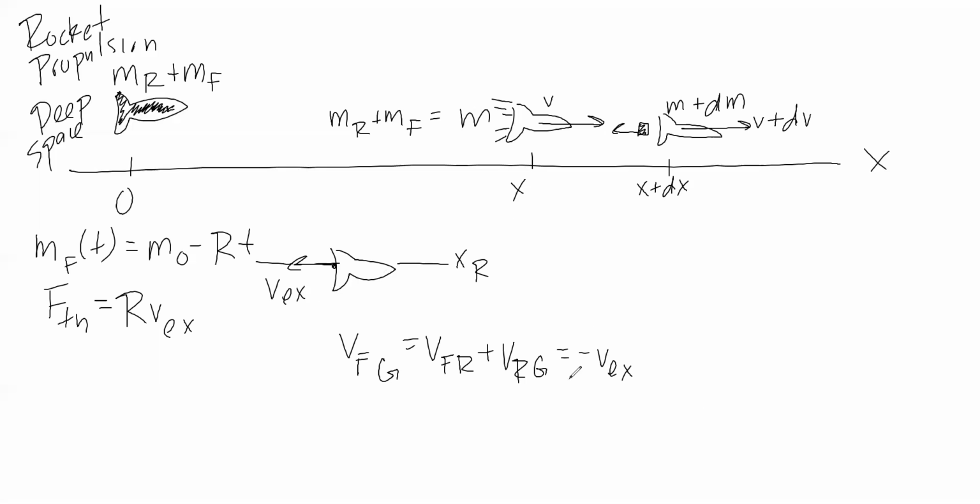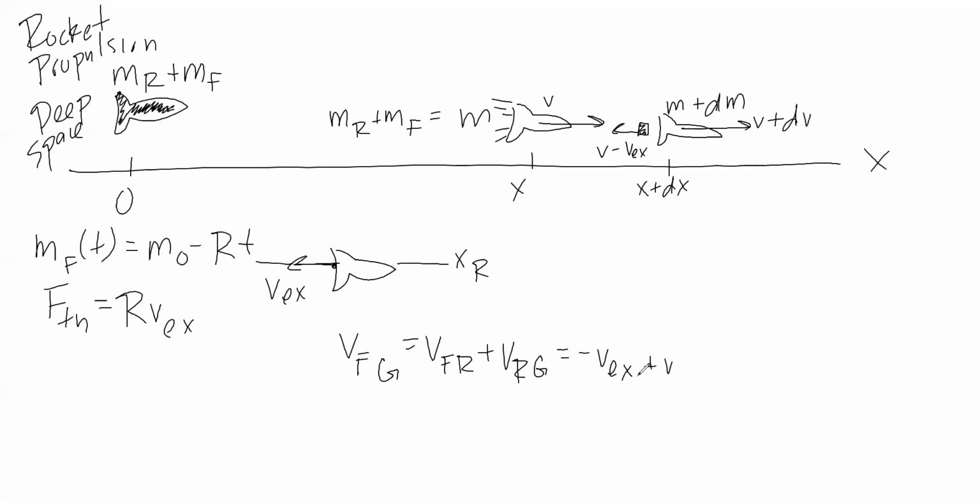The velocity of the rocket with respect to the ground is just the typical v. So the fuel in the galactic frame, as we're watching the rocket propel to the right, is exhausted with velocity v minus v exhaust.